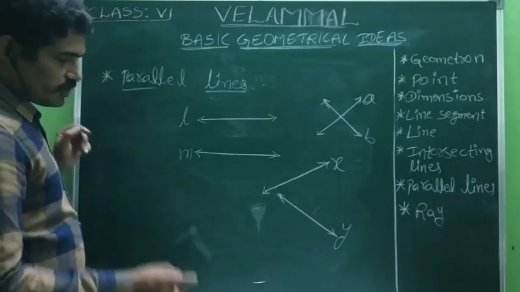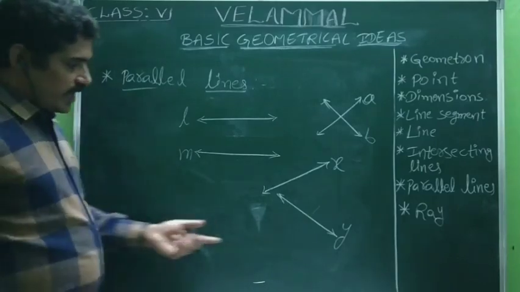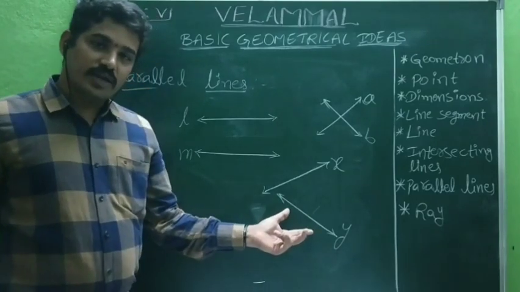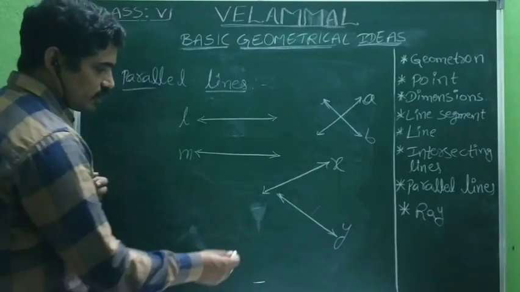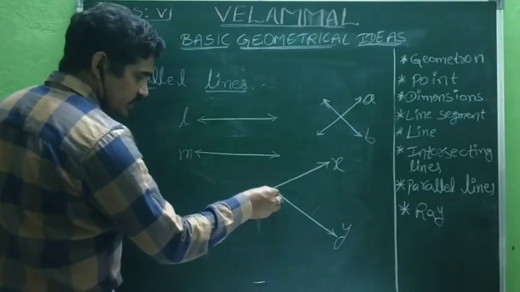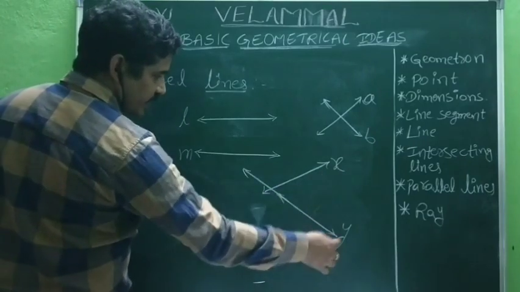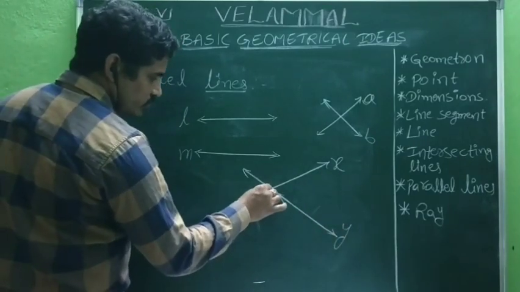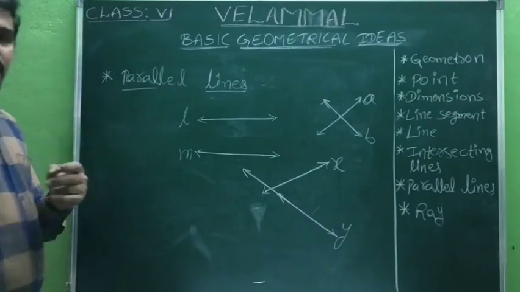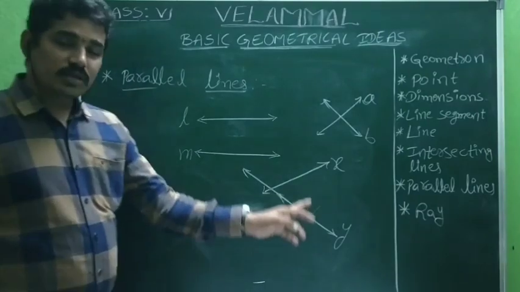But we have the definition of a line: a line can be extended in the infinite direction. Now I am extending line Y in this direction, and we can identify one common point for line X and line Y. So now these two lines are called intersecting lines, not parallel lines.